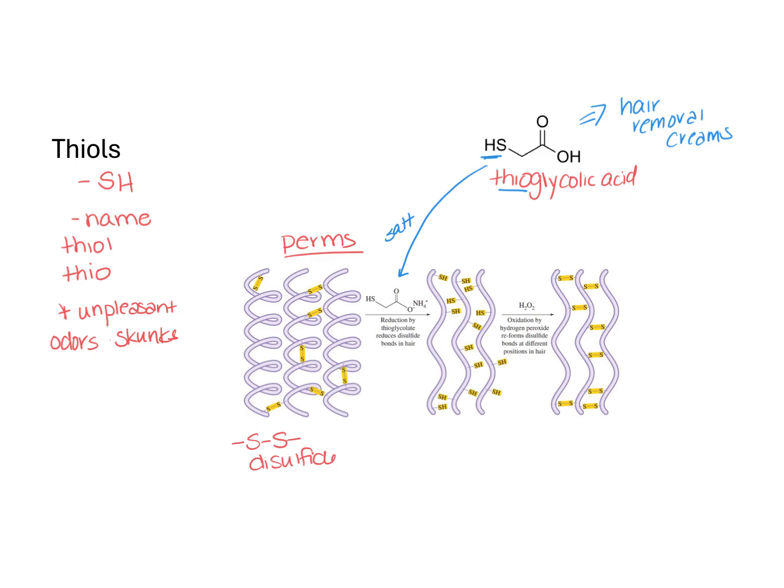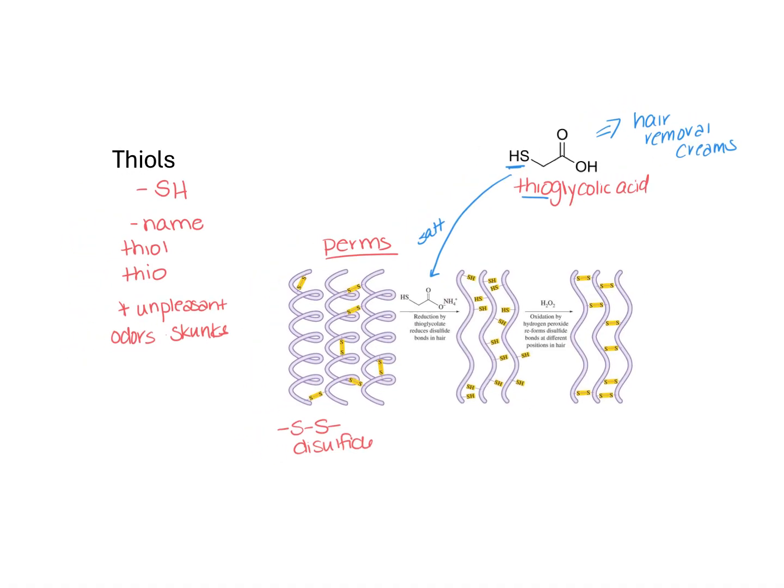So you find this in products like Nair. So that's really the only thiol that we see, and it's got two applications. One is hair removal, but one is also perms. Because it can also be used in hair removal, if you hear people talking about losing a lot of hair during perms, that's the same reason, because it's the same molecule that's used in both.